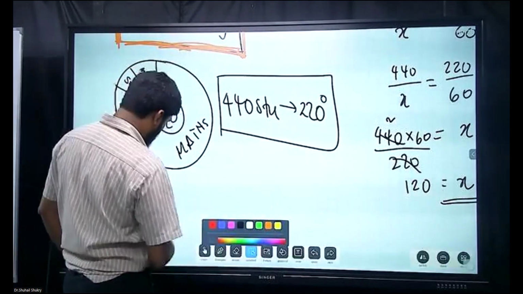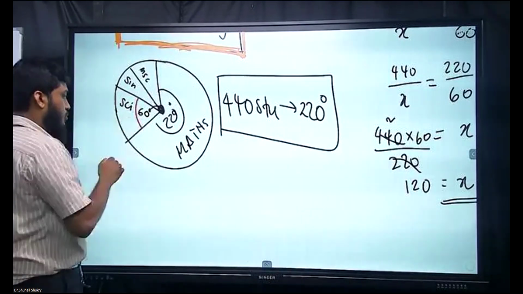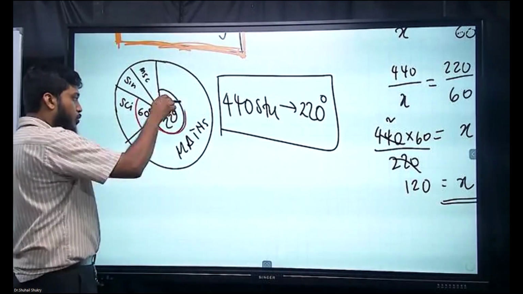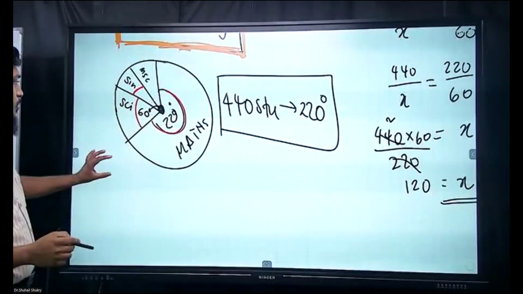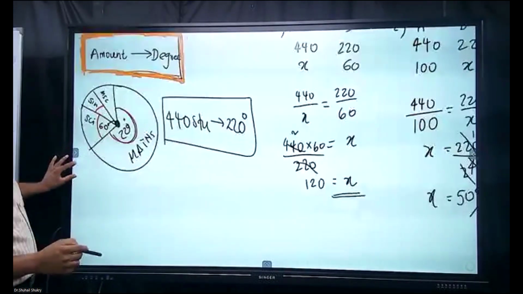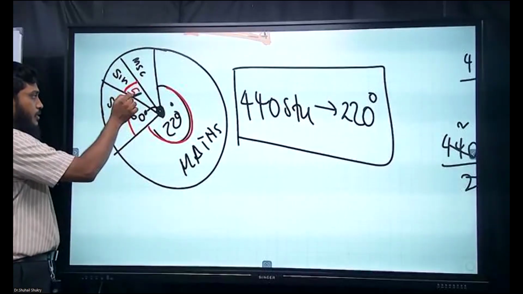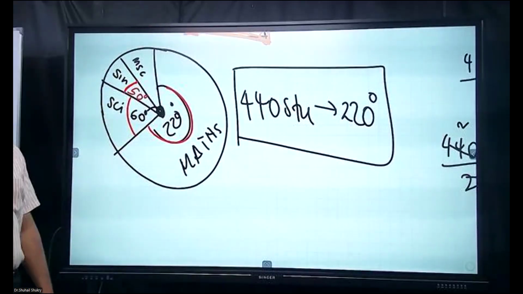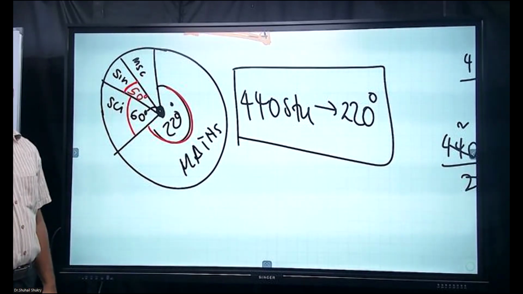Math is 220, you know. Sinhala we found as how much? 50, no? Sinhala is 50. Sinhala 50, science 60. Can you find the music or no?